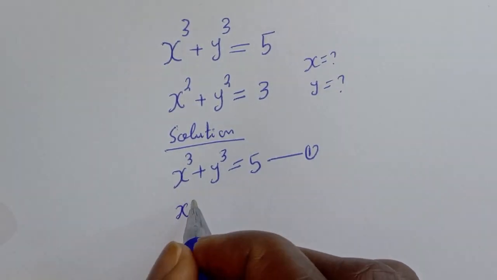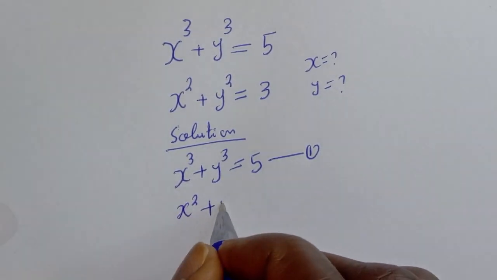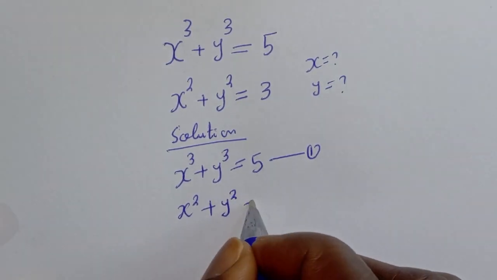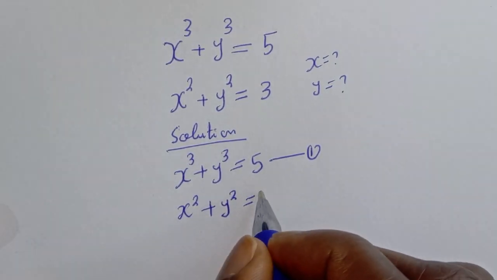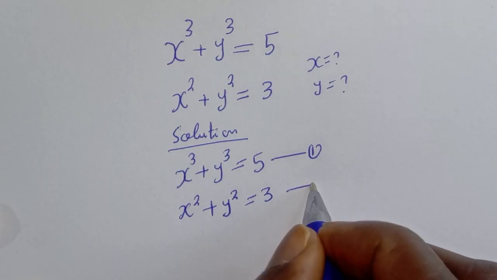x squared plus y squared is equal to 3. Let's call this equation 2.